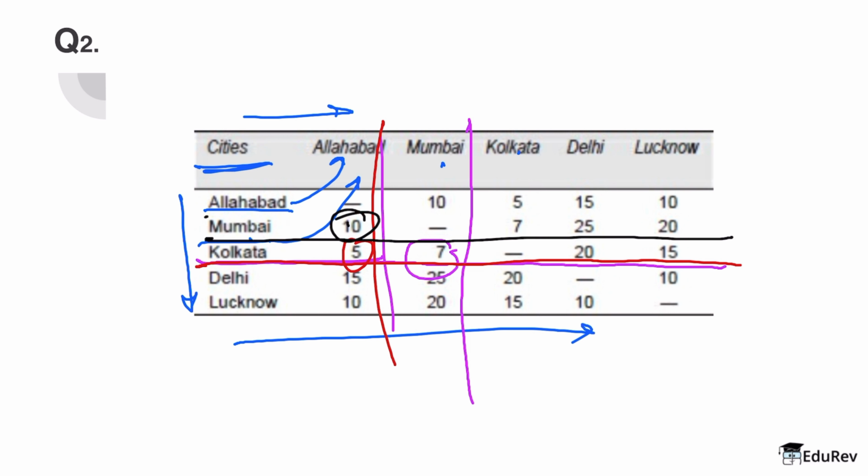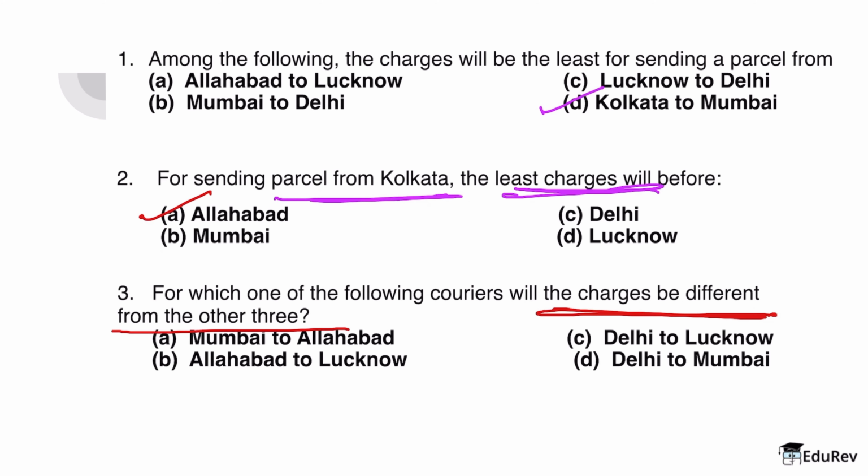From Allahabad to Lucknow is also 10. From Delhi to Lucknow it is also 10. And the cost from Delhi to Mumbai is 25, different from the other three. So Delhi to Mumbai is the option.